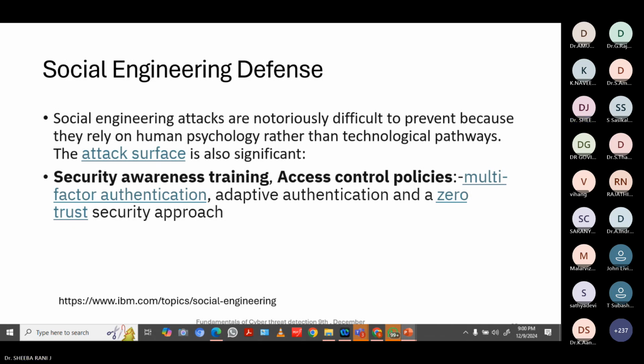Another thing: if humans can change their nature, that means not fearing the people who are there to help us, like the police, income tax officers, or anybody who is there to help us. It's not that they are our boss. That mindset should be there when we get a call from the police, a higher-level person, or the cyber crime wing.